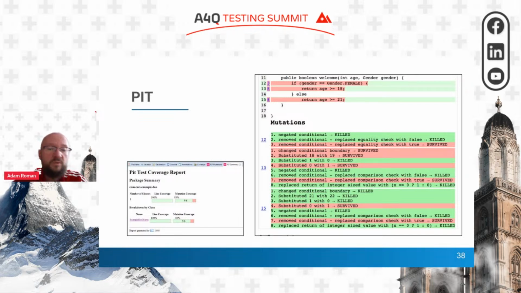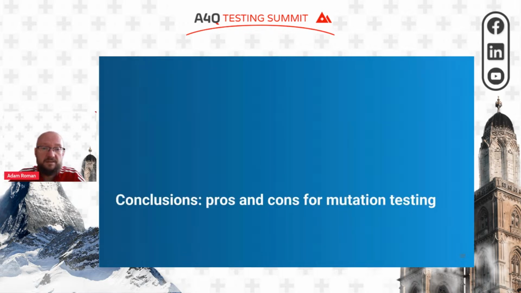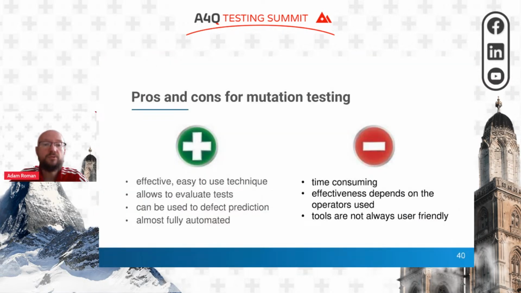So we can analyze which mutants were killed and which survived, and based on this we can enrich our test suite so that the mutation score increases and the test suite is stronger.